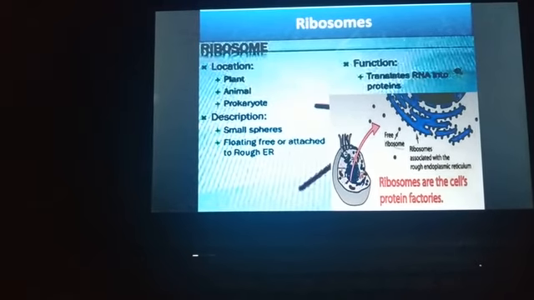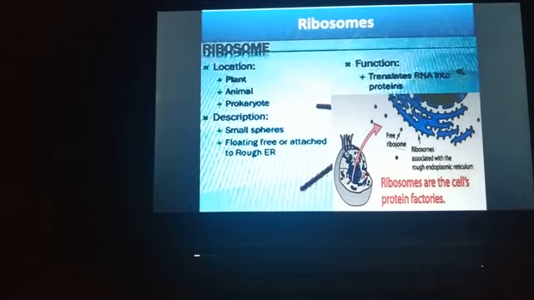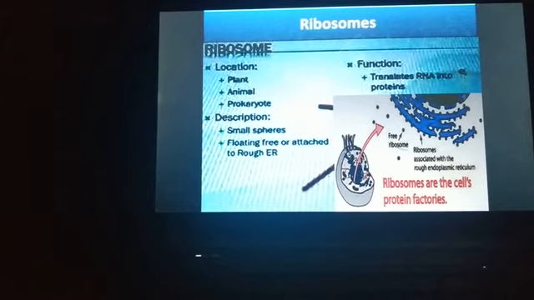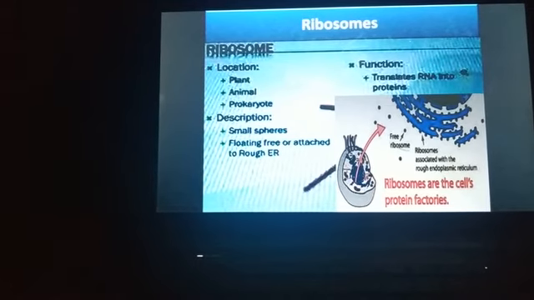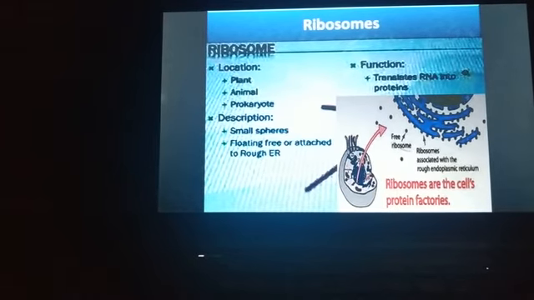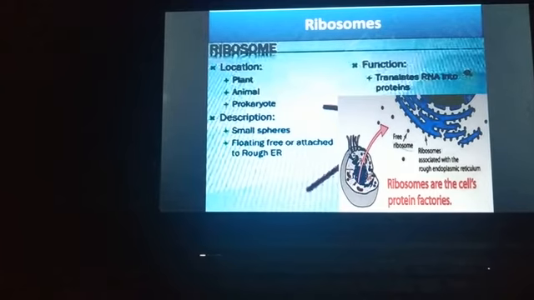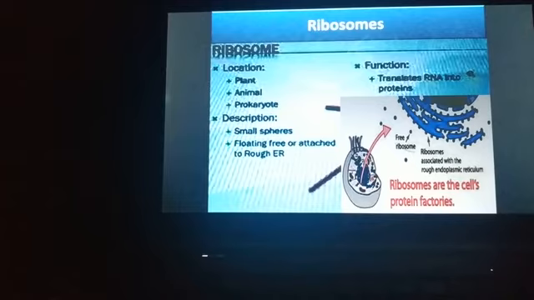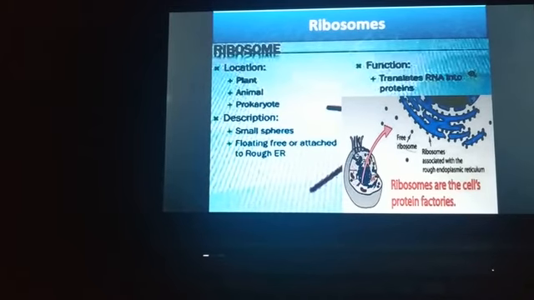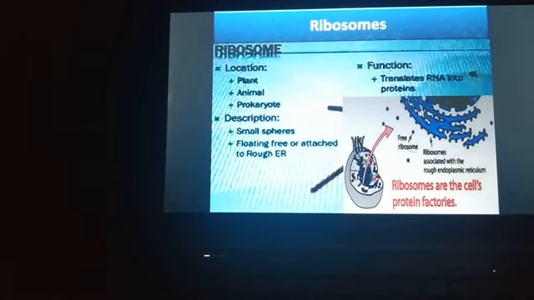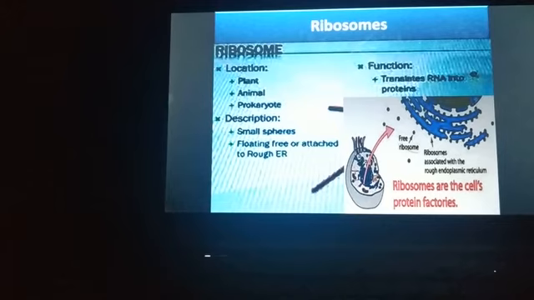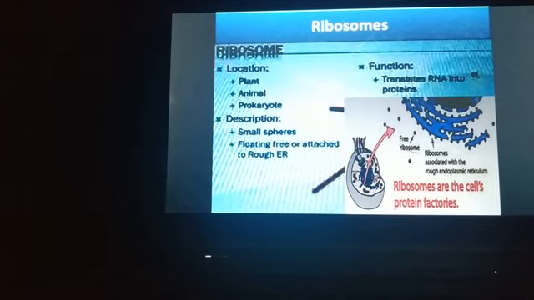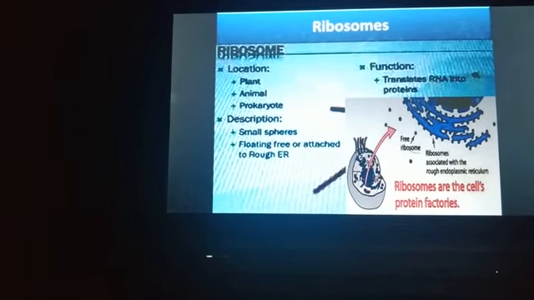When I say 70S and 80S, the S here stands for a unit called Svedberg unit, or you can also call it the sedimentation coefficient. This means at what rate the ribosomes settle down or sediment when we centrifuge them.